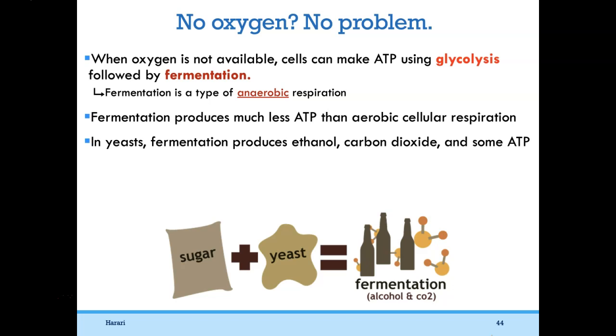In yeast cells and some fungi, they generate ethyl alcohol and CO2 from fermentation. So this is the reaction of fermentation in yeast. Glucose gets broken down into carbon dioxide, ethanol, and ATP. And you can think about this in terms of beer. Beer is made from malt, wheat.